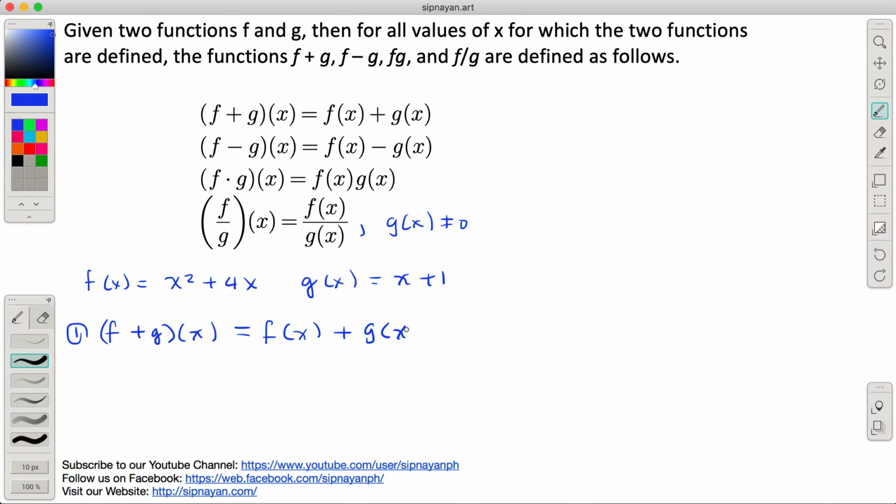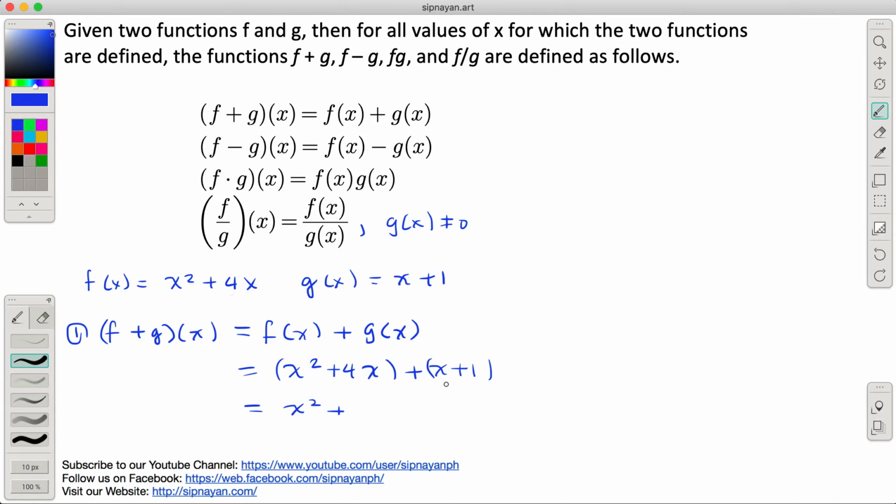And yung f of x natin ay x squared plus 4x. So this is equal to x squared plus 4x. Tapos meron tayong plus, ano ang g of x natin? X plus 1, di ba? So x plus 1. So this is equal to x squared plus 4x.